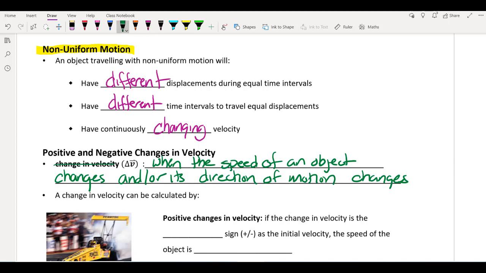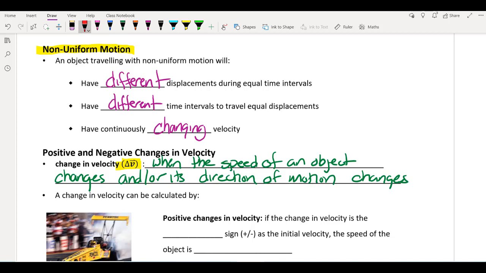So that is change in velocity, right? And is represented by a triangle. That's the Greek symbol delta, and V for velocity with a little arrow on top, right? So just like all the other change formulas, change is always final minus initial.